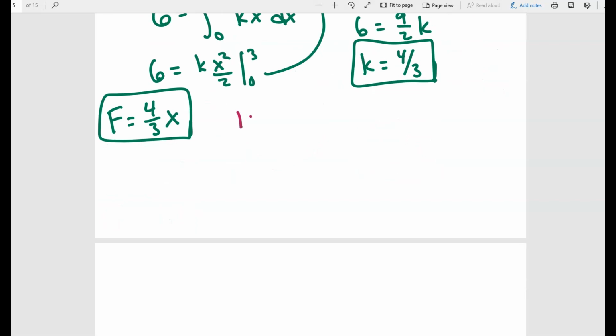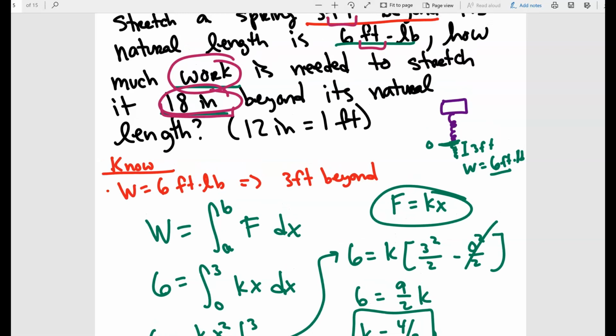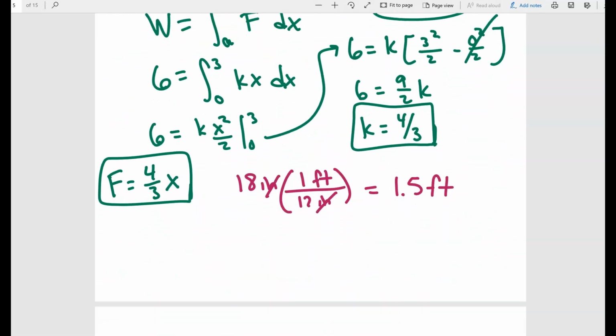So I have 18 inches, and I know that in 12 inches there is 1 foot. Inches cancel out, and what I'm going to be left with is 1.5 feet. So how much work is required for me to stretch this thing 1.5 feet beyond its natural length? What is that going to be?